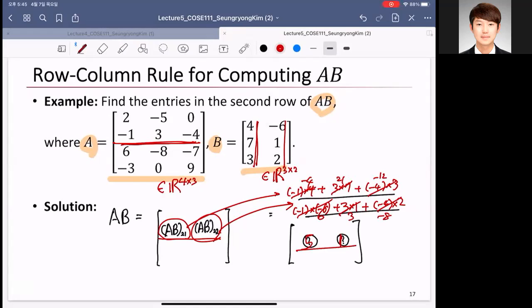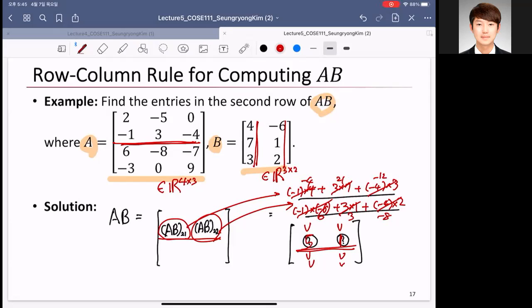So the second row of matrix AB is going to be 5, 1, 5, 1. Similarly, you can find the other entries in AB. So this is the row column rule for computing AB.